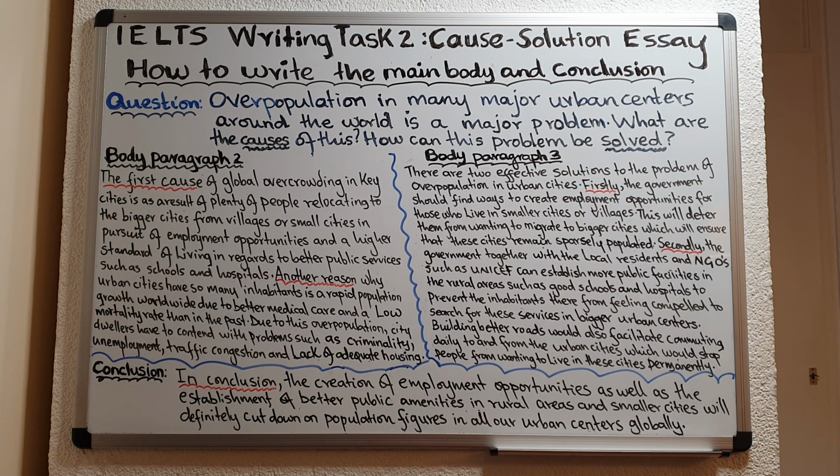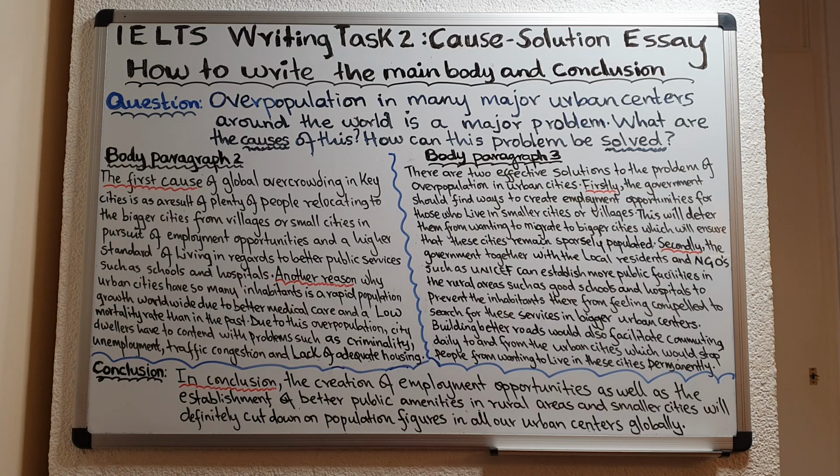So you may choose to write your cause as just one complex sentence if you're competent in writing, okay? But if you're not, then you can break it down into 2 or 3 sentences. You can write something like this: the first cause of global overcrowding in key cities is because of people migrating to the bigger cities. This is because they go there to look for jobs.